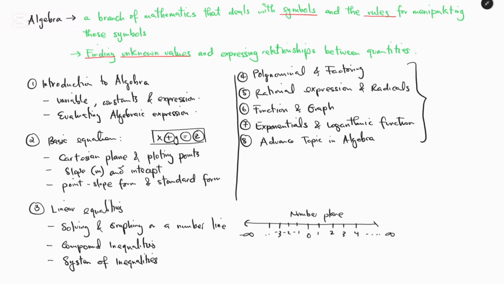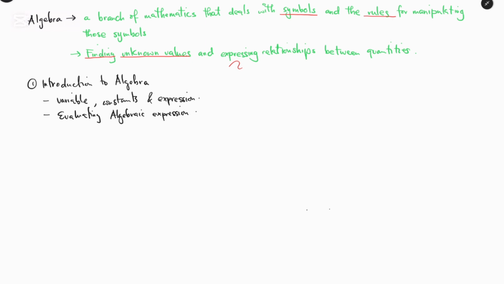in the algebra. And now we will look at the variable, similar to what we discussed previously. A variable is nothing but a symbol, and it is represented in alphabets such as X, Y, A, B, N, M, and all of these represent the unknown or a changing value.